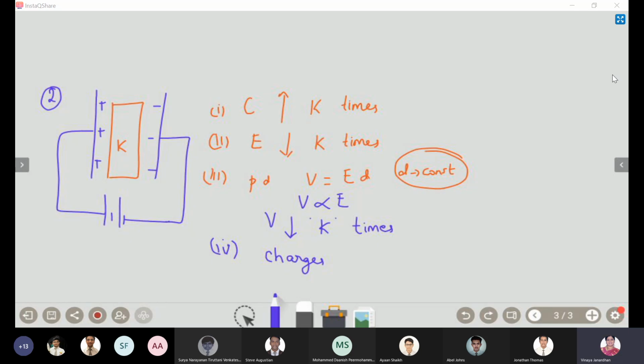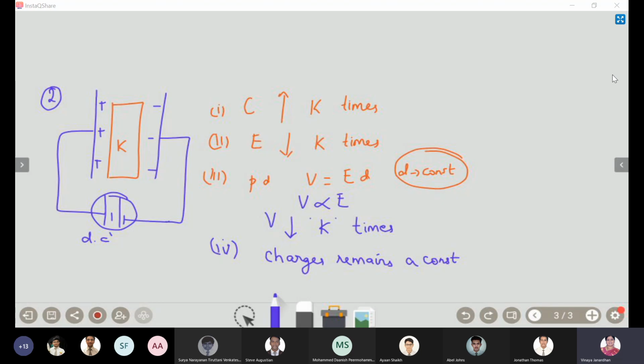Ma'am, when you put the dielectric, its capacitance increases, so it will be able to get more charges, right? If you are using a DC supply, charging takes place till the potential difference across the capacitor becomes equal to the battery voltage.